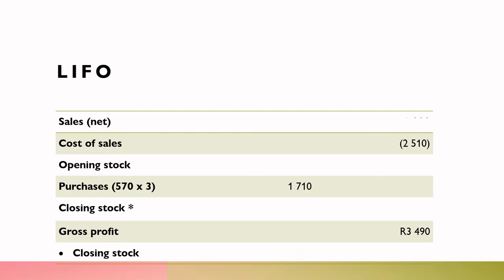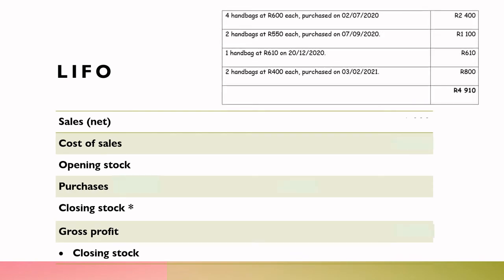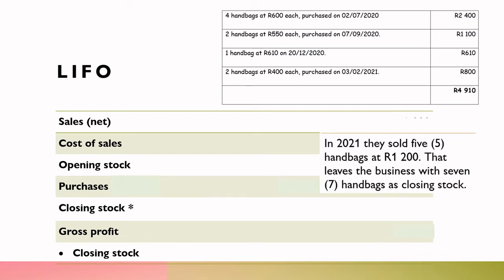Looking at our last in, first out formula, which is LIFO, we're also going to make use of an income statement to calculate that gross profit influence, and we will use that table once again. So sales minus cost of sales equals our gross profit. Our sales has not changed, and therefore we still have 6,000 Rand in sales.